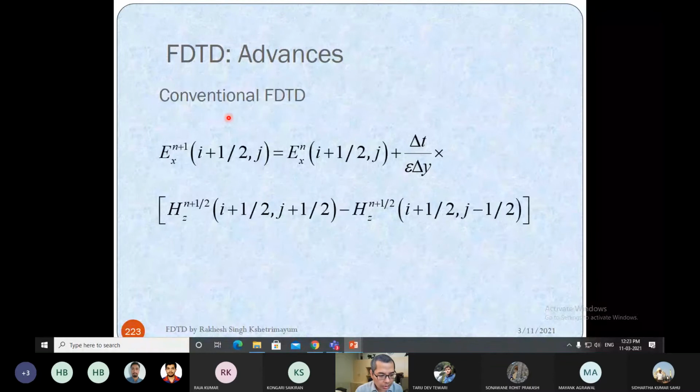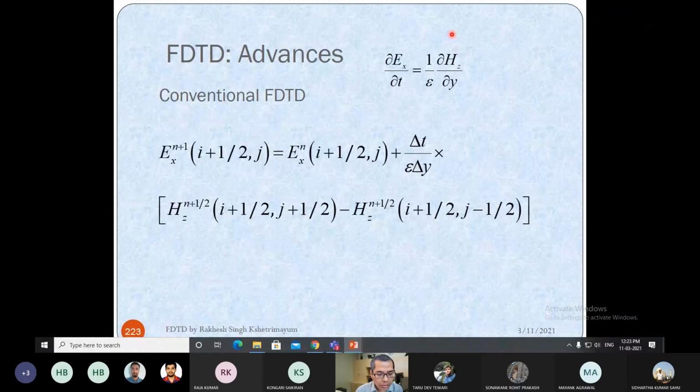So in the conventional FDTD, if I want to discretize this, you already know how to do the discretization. I actually find Ex at n plus 1, then I need to use Hz at n plus half. So I find the Ex at n plus 1 from the Ex at the previous time instant and the Hz at the previous time instant of the neighboring cells.